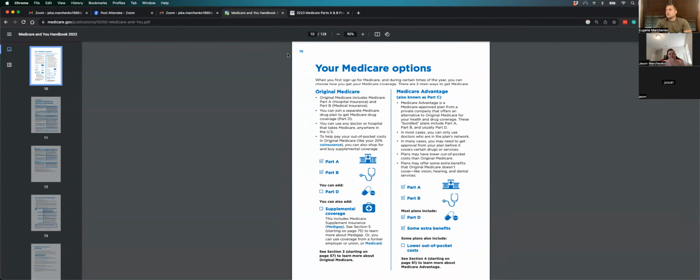So that's why most people that we talk to have some kind of secondary coverage to their original Medicare, or they go to a plan that is an alternative to Medicare called Medicare Advantage that bundles all their benefits and limits that 20% that they would have paid if they just had original Medicare down to a certain maximum for the year. And I'll explain what that means in just a second.